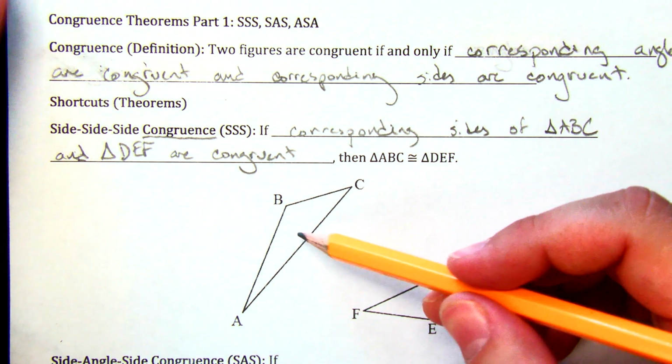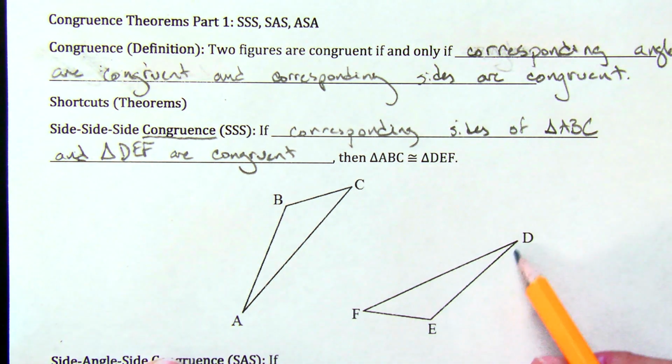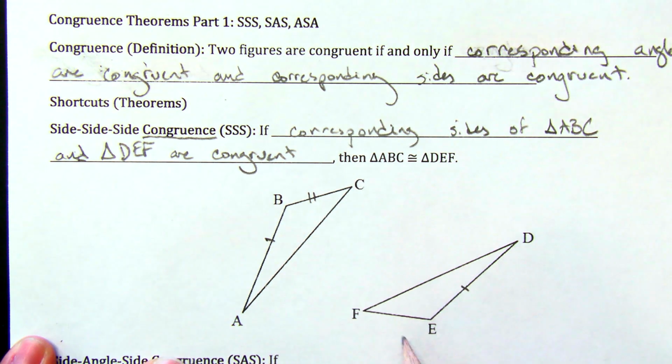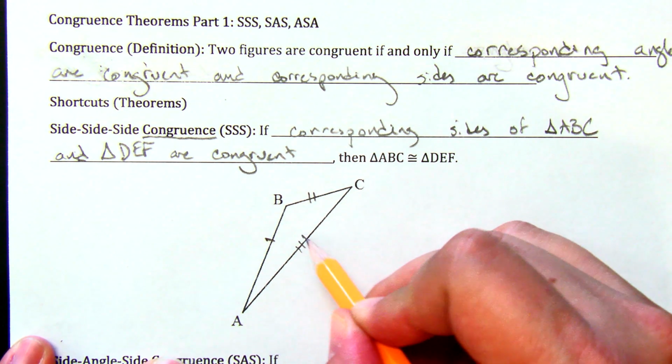So what's that saying? If, say, AB and DE are congruent, maybe we have this written in the diagram, BC and EF, AC and FD.